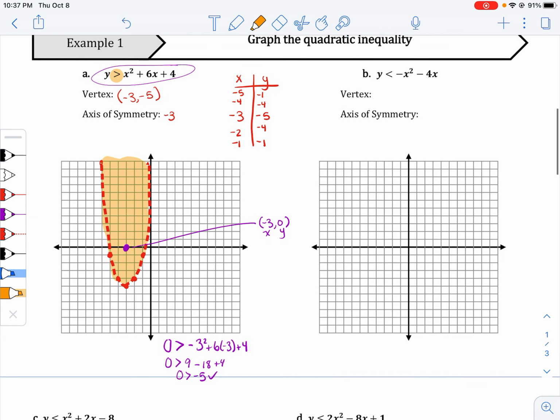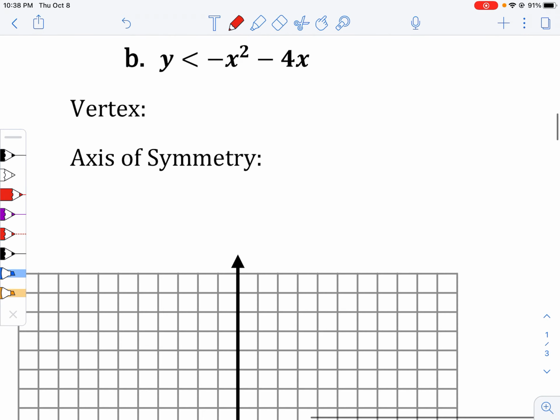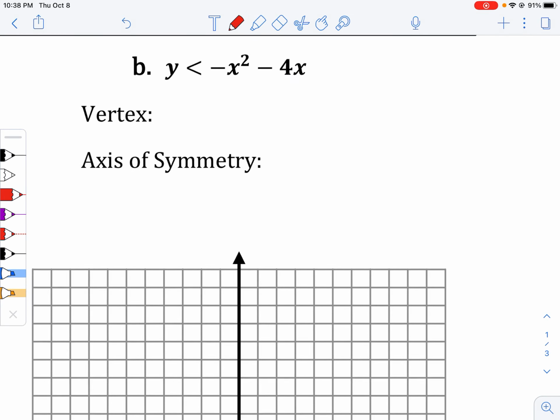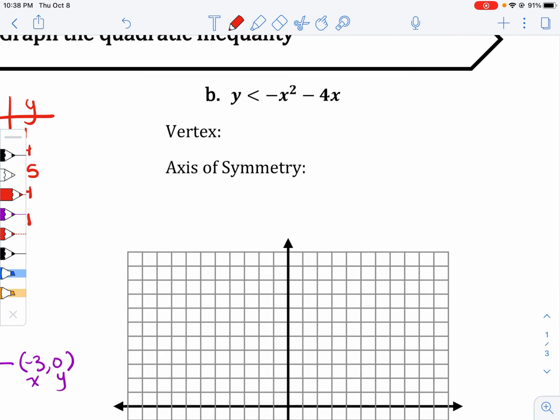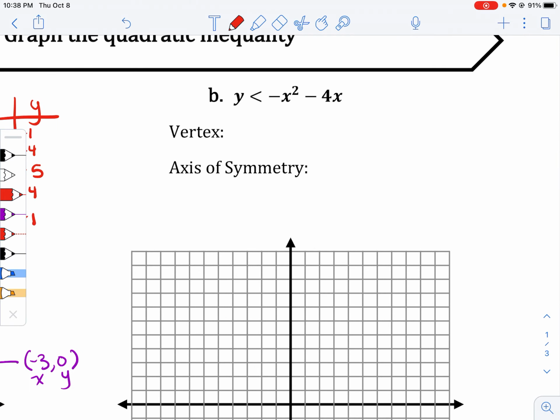All right, let's try another. So part B, we have y is less than -x squared minus 4x. Again, you can put this into your y equals. I think that's probably the easiest way, or you can just plug it into your equation. Let's check -x squared minus 4x in our table.